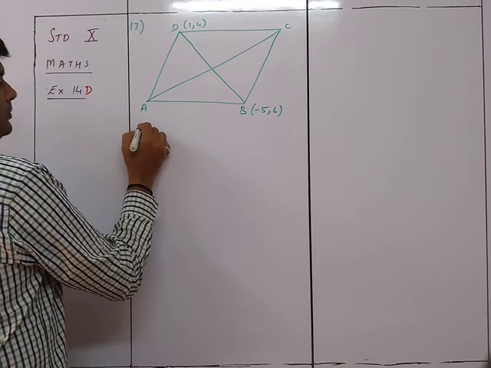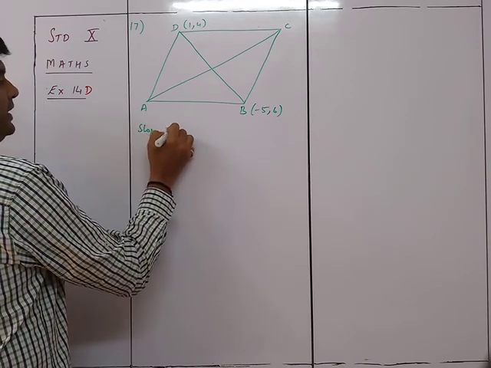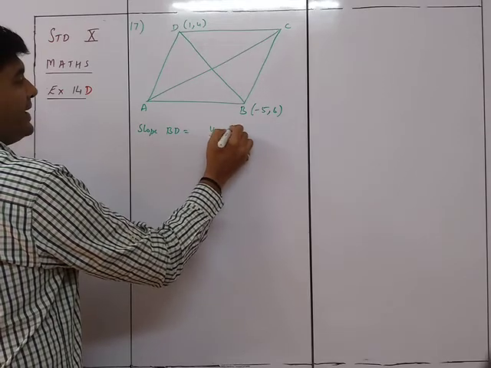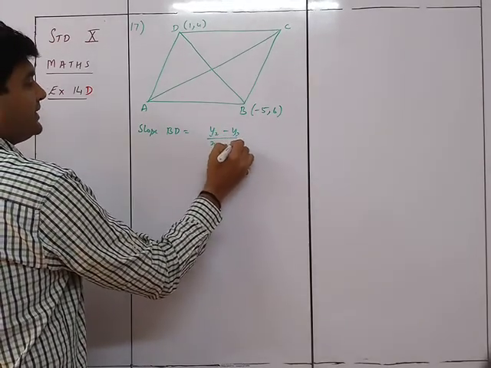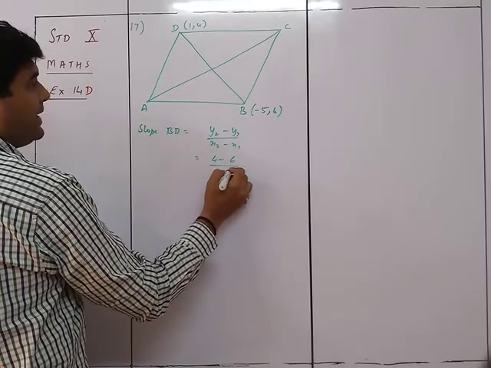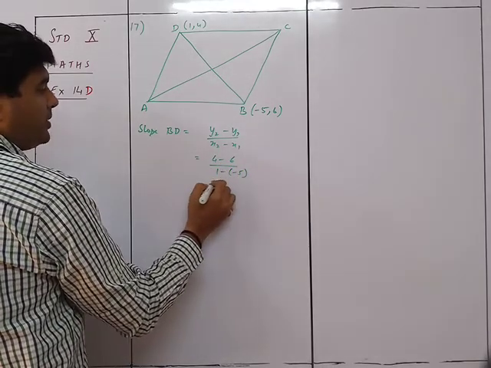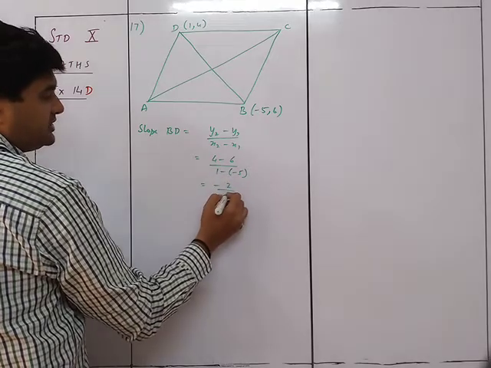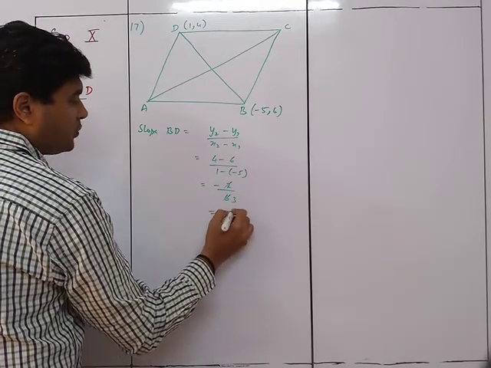Now, slope BD equals y2 minus y1 upon x2 minus x1. That will be 4 minus 6 upon 1 minus of minus 5. That will be minus 2 upon 6. That will be minus 1 upon 3.